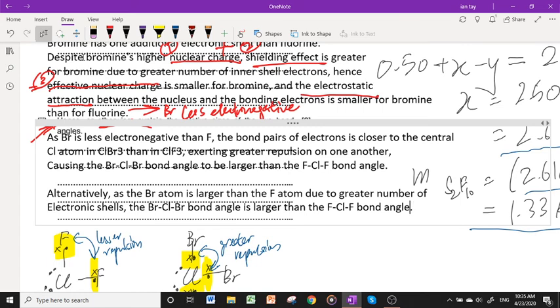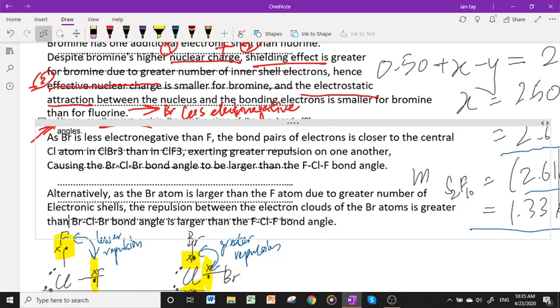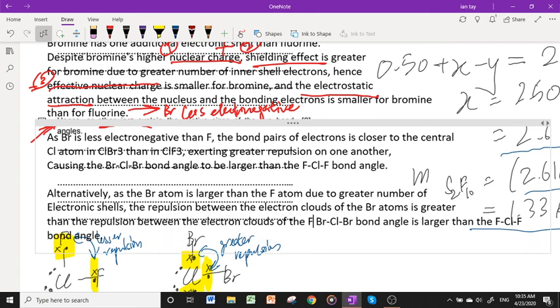Or rather, to make it more complete, I'll say because the Br atom is larger than F atom, the repulsion between the electron clouds of the Br atoms is greater than the repulsion between the electron clouds of the F atoms. Hence, the BrCl-Br bond angle is larger than the FCl-F bond angle.